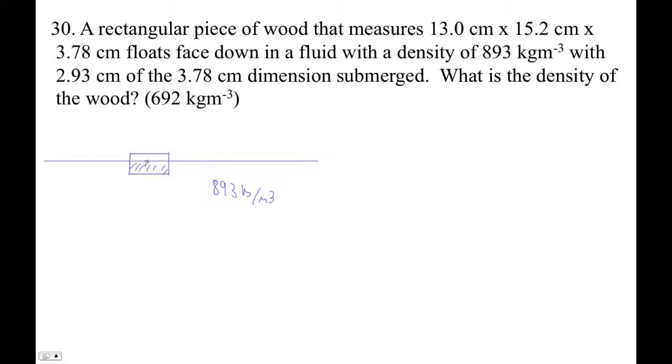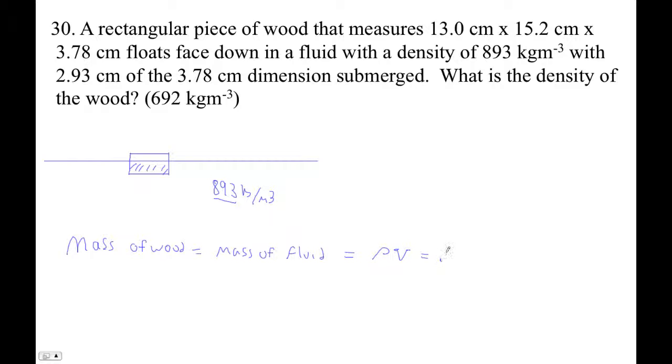So if I find that mass, which shouldn't be hard, I've got the dimensions, I've got the density, that will be the mass of the wood. So let's find the mass of the wood. It equals the mass of the fluid, which equals density times volume.